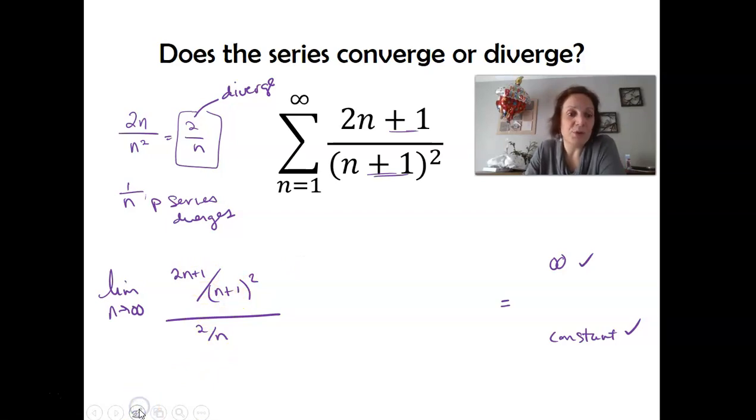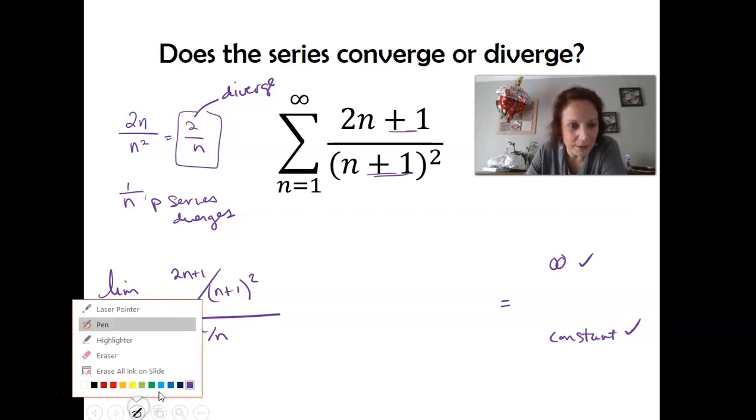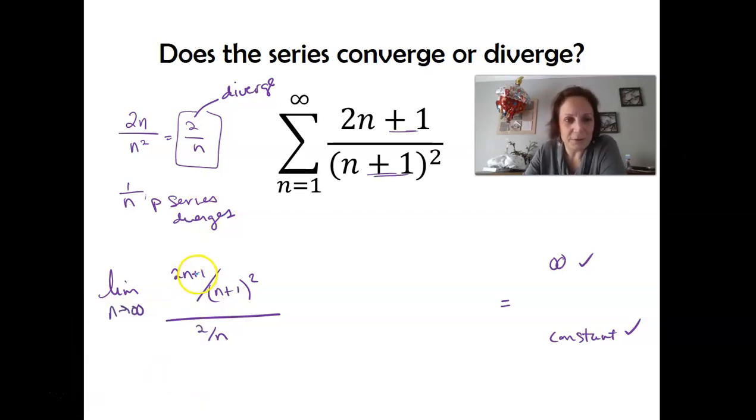All right, let's see what we can do here. Again, we're approaching infinity, so the first thing we always do when we're approaching infinity is get rid of the stuff we don't care about, right? So if I'm approaching infinity, this +1 doesn't matter and this +1 doesn't matter. So I have 2n over n squared on the top, and then this guy, I'm going to invert and multiply.